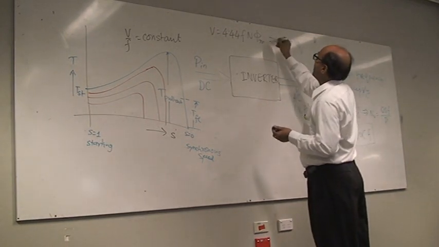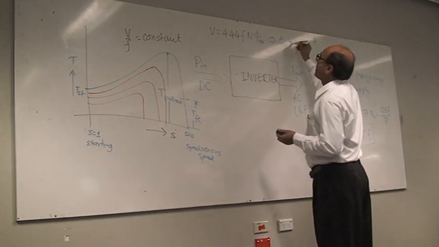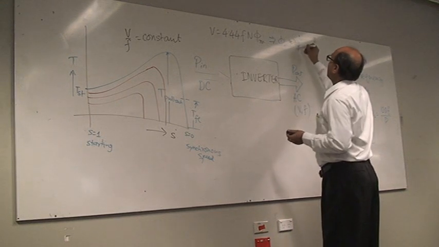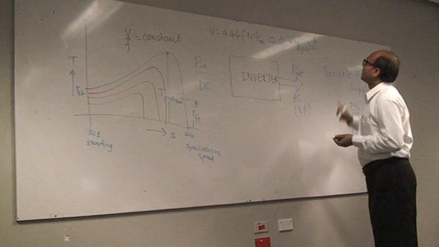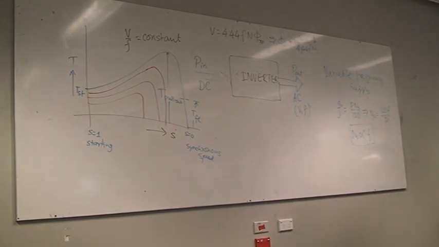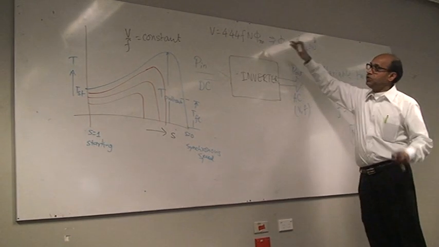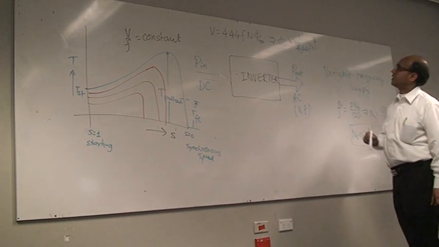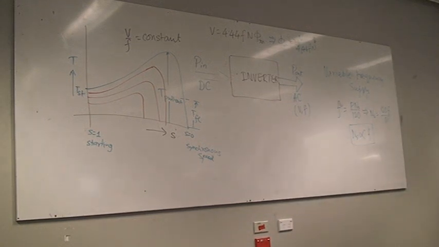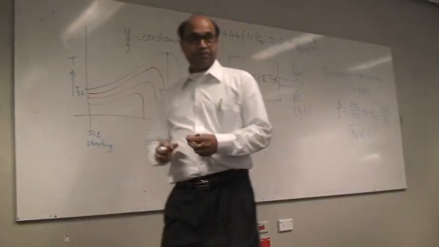So effectively you can say that phi m is V by 4.44 f N. If you want to keep the flux a pretty constant value, then you need to keep V by F constant. That's why V by F is constant. So you change the frequency, you need to change the voltage. That's why the torque also reduces.